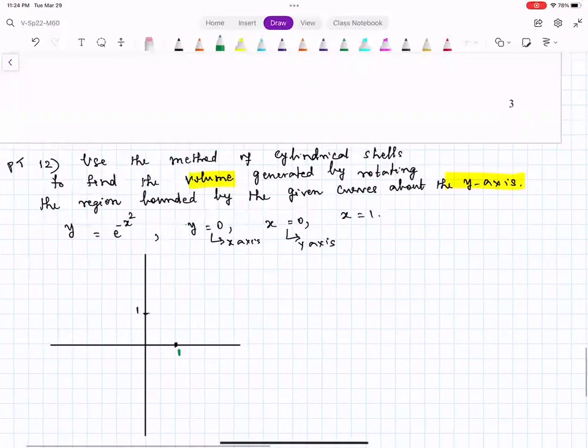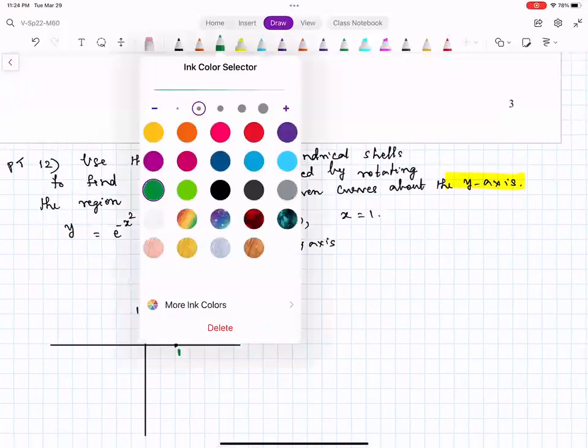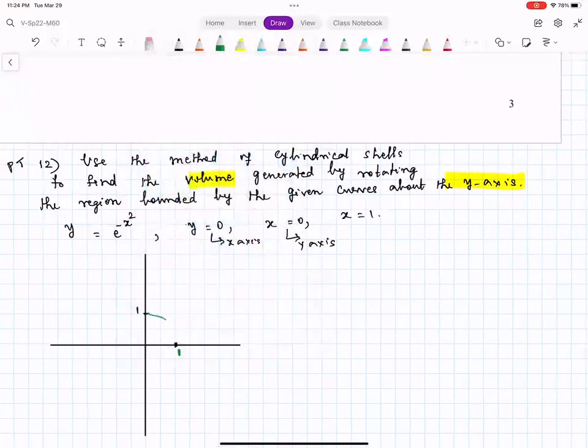So it's going to look kind of like that. Now we also want to consider the line x equals 1. It's bounded by that line. This green graph is y equals e to the negative x squared. It is also bounded by the y-axis.